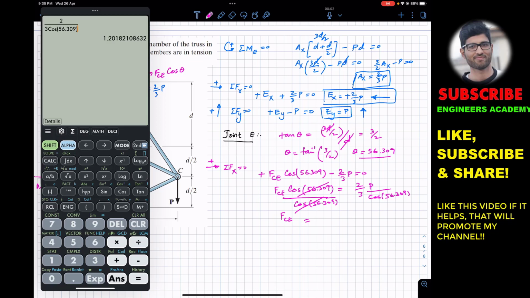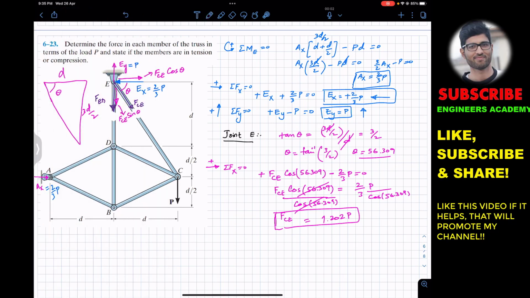This gives me 1.201, let's say 1.202P. As we have assumed that FCE is in tension, and we got the positive sign here, this means that the assumed direction is accurate and FCE is in tension. So FCE in terms of P is 1.202P, and it is in tension.